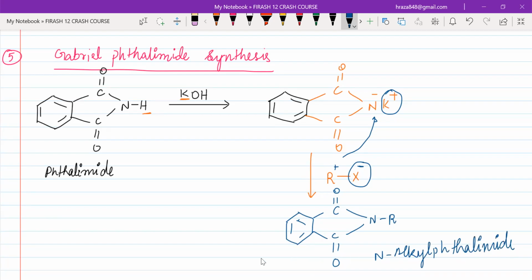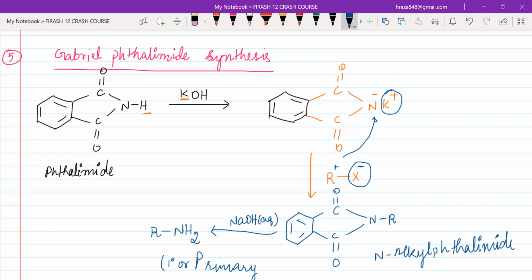Now see, again this part will be reacting with alkalis, that is sodium hydroxide in aqueous. Then you will get as the main product that we are going to prepare RNH2, and this is your 1 degree or primary amine.